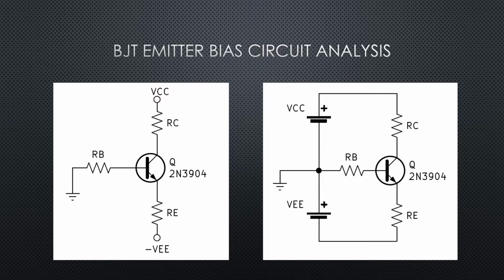So here we have the schematic on the right, and we've actually physically drawn in the implied connections of the schematic on the left. And this schematic makes it a lot easier to see the Kirchhoff loop equations.